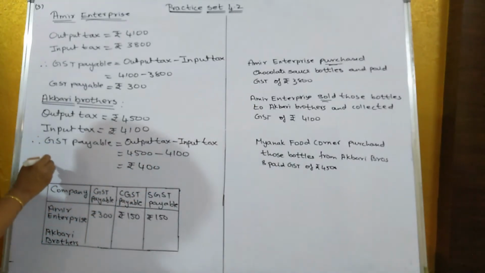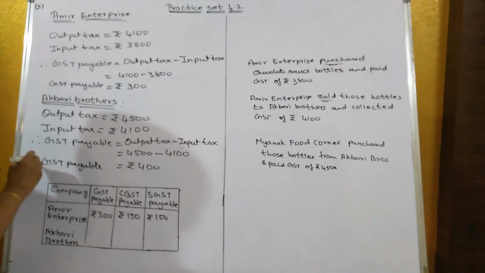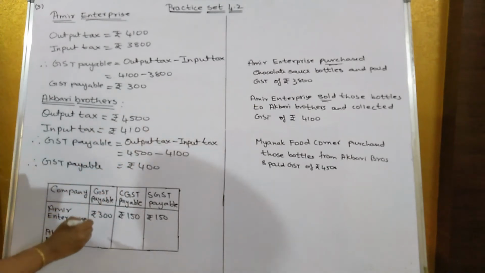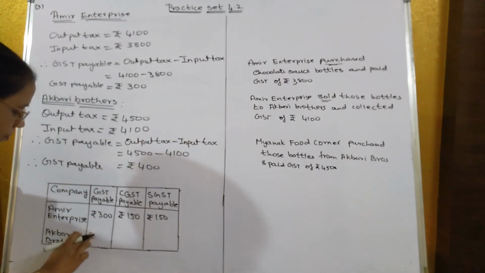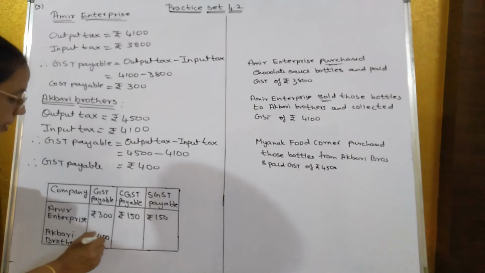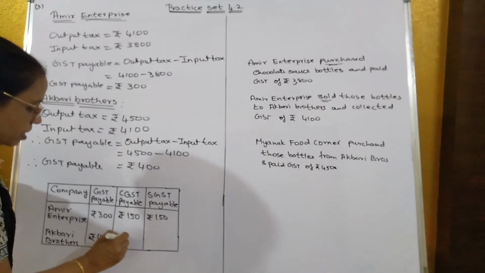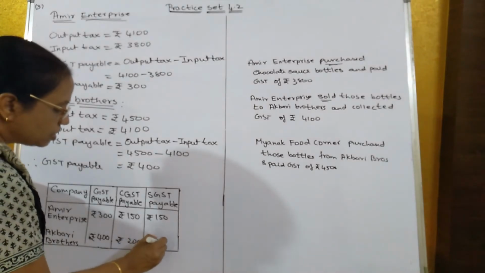So GST payable by Akbari brothers is how much? Rupees 400. Out of that, half of it will go to CGST, that is 200, and the other half will go to SGST, that is 200.